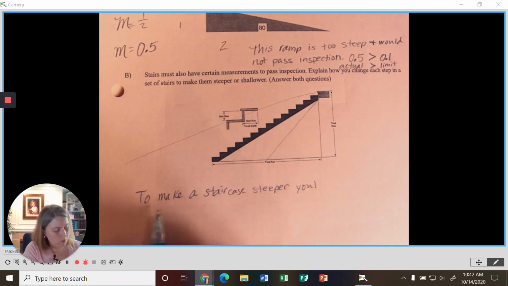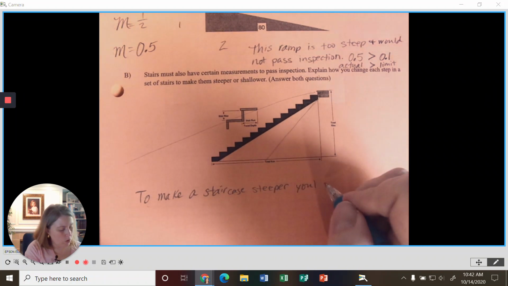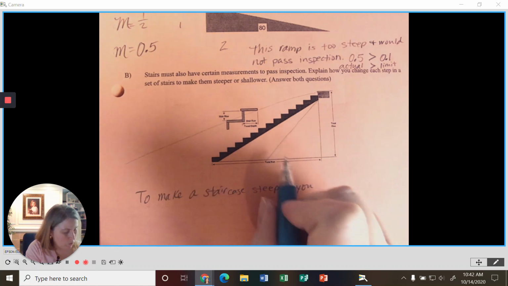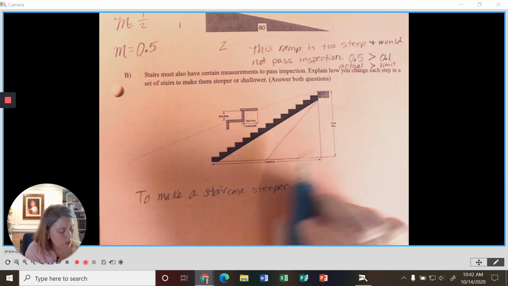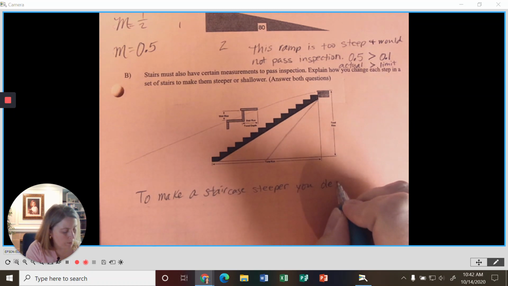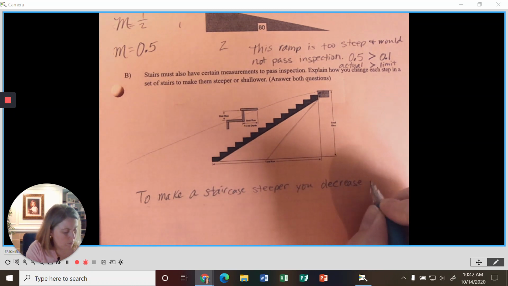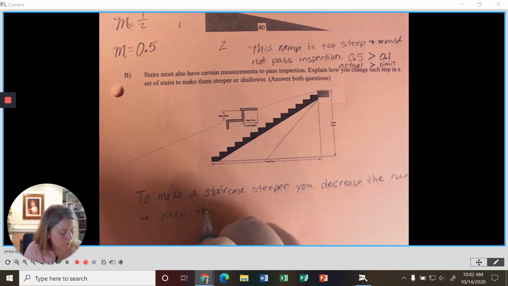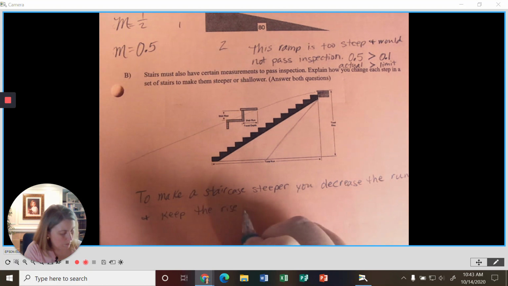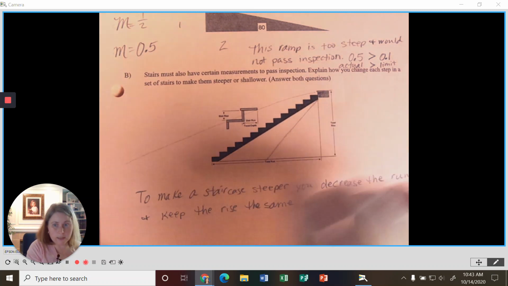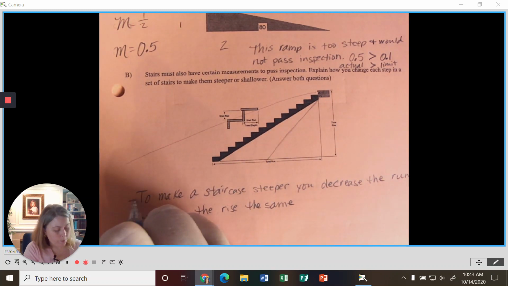So to make a staircase steeper, you're taking away steps, so you're going to make the run shorter, so decrease the run, and keep the rise the same. So the overall rise, not the rise of each individual step.